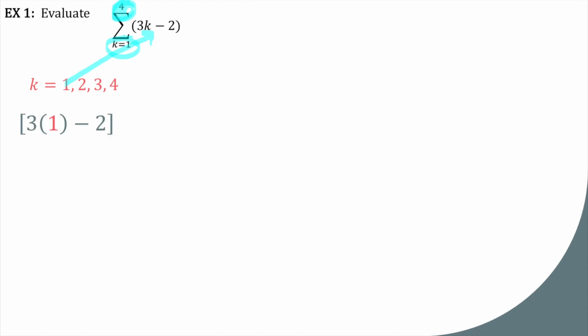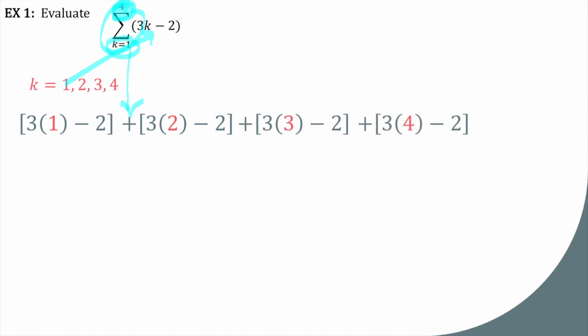So 3 times 1 minus 2, then 3 times 2 minus 2. And because this is a summation, we're adding, plus 3 times 3 minus 2, plus 3 times 4 minus 2. Working all that out, we get a total of 22. So this expression equals 22.